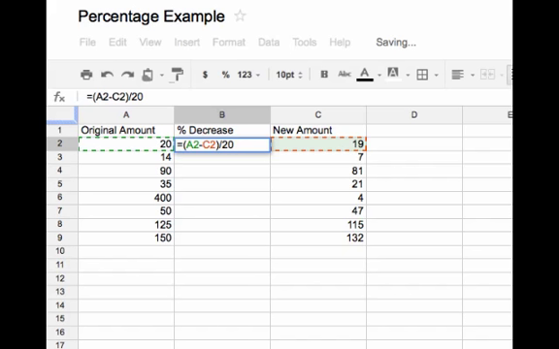Relatively easy if you put it in these terms, whereas with the other ones you had to not only figure out what the increase was, but also add that to the original amount.